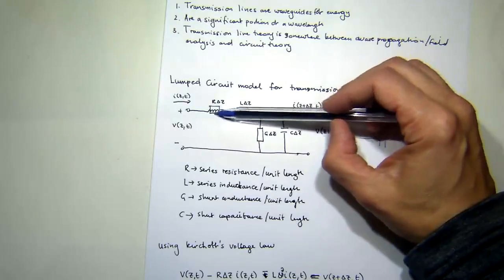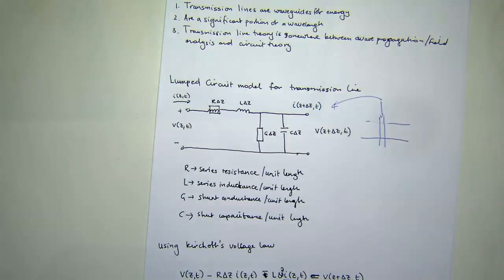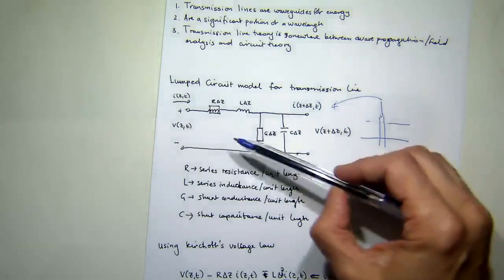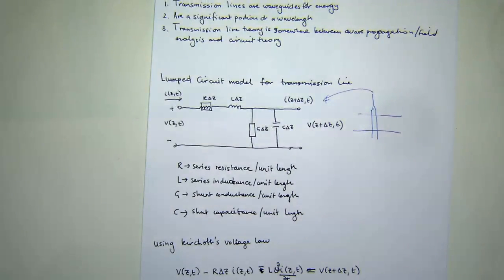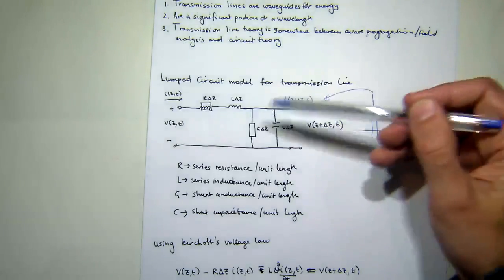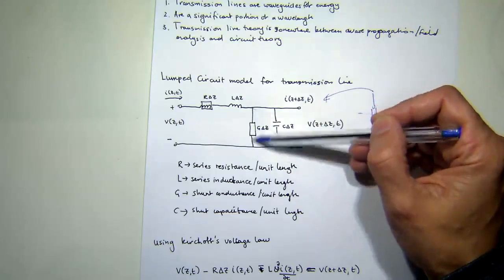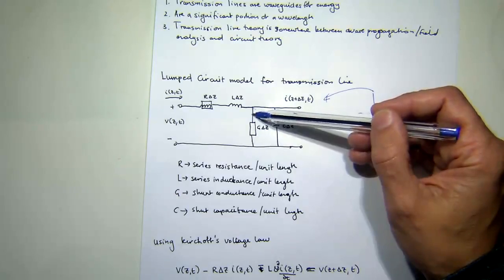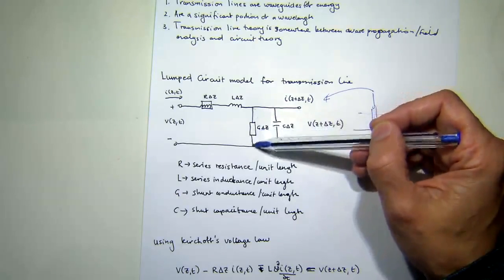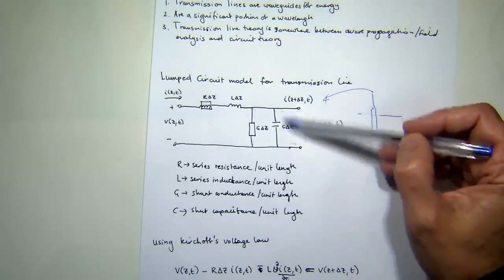Now, we're going to model this segment of transmission line as having a little bit of resistance, which is the series resistance per unit length. We're going to say that it has a little bit of inductance, right, which is the inductance per unit length. We're going to say, well, there's going to be loss in this transmission line, which is going to be a shunt conductance, and we're also going to have a shunt capacitance.